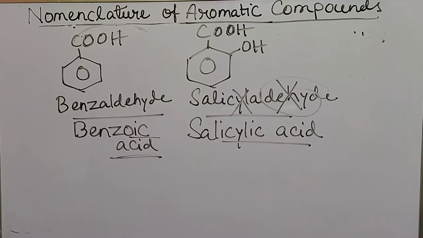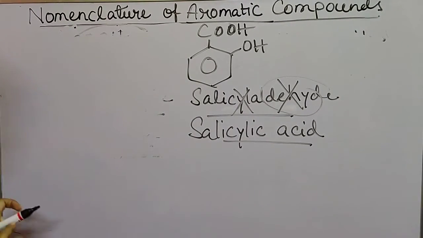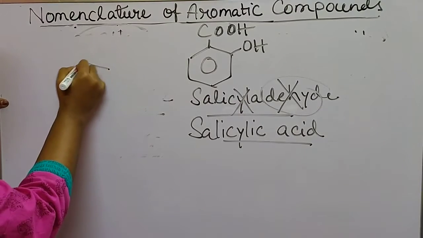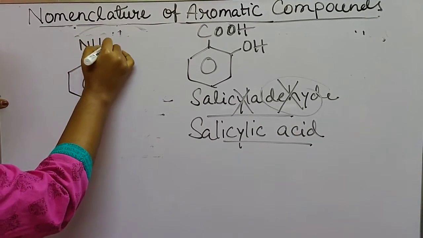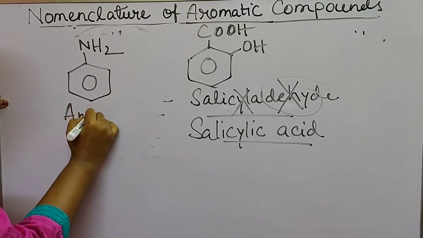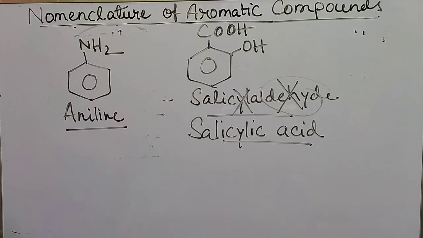There are given different types of compounds like acid chloride, amine derivatives. When one NH2 group is present here, then this is known as aniline. Okay, different types of derivatives of aniline also we could see.